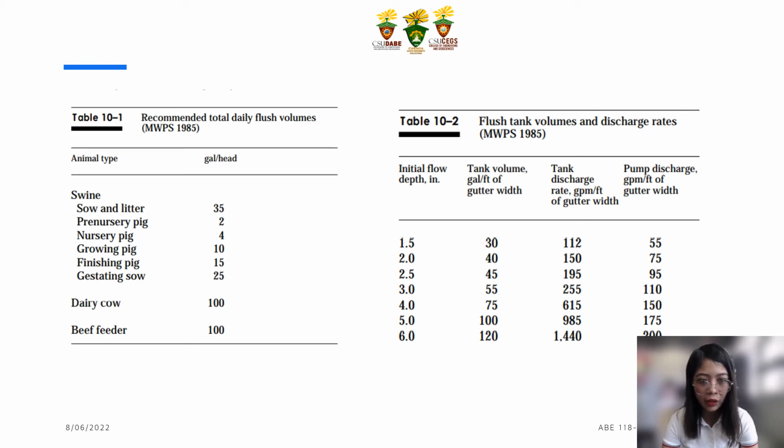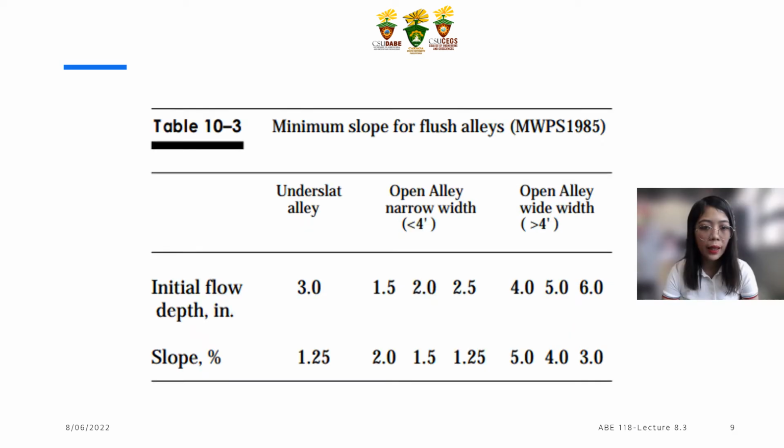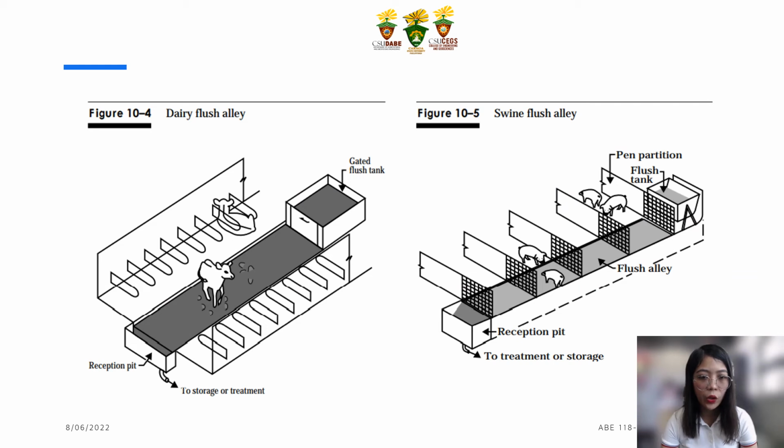So we have here also the flush tank volumes and discharge rates. Table 10-3 also gives the minimum slope required for flush alleys and gutters. So Figure 10-4 and Figure 10-5 illustrate flush alleys. These are examples of a dairy flush alley and a swine flush alley.